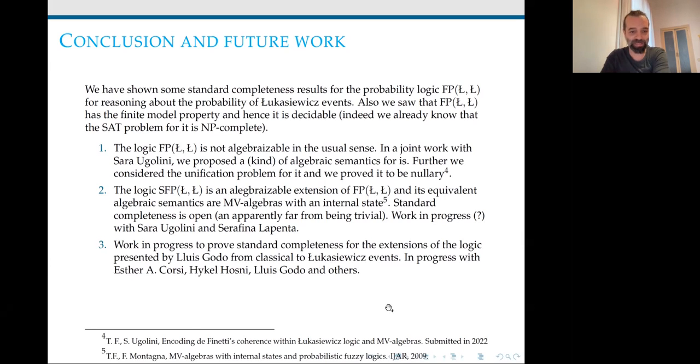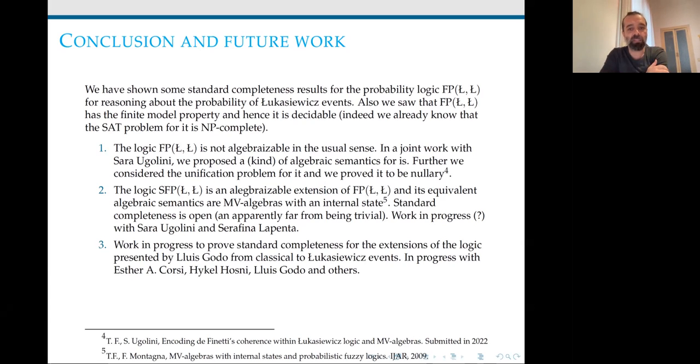This is contained in a paper that we submitted. It was really submitted in 2022, but in fact it was submitted in 2021, and we have no idea where the paper is. So we hope we will receive some answer in the next days.